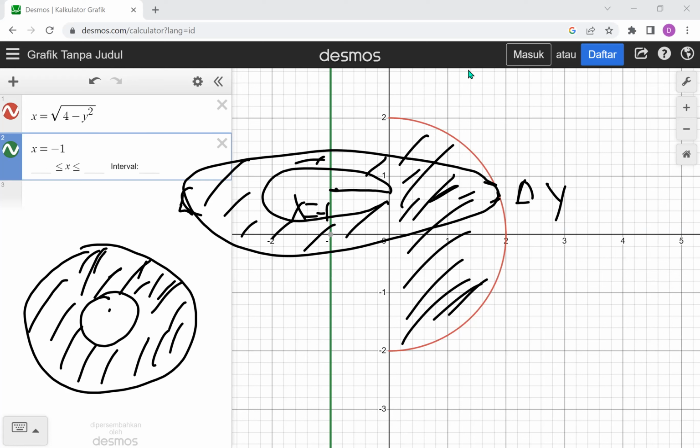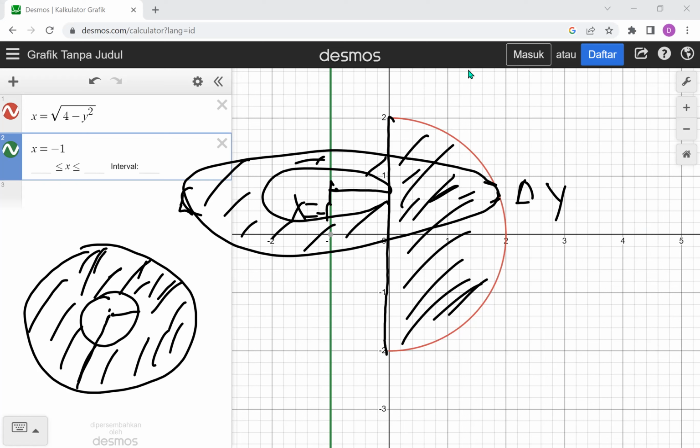What is the radius of the smaller circle? 1. Okay. So this is just the distance from the rotation axis to this line segment. Of course, we have to find the radius of the larger circle, right?